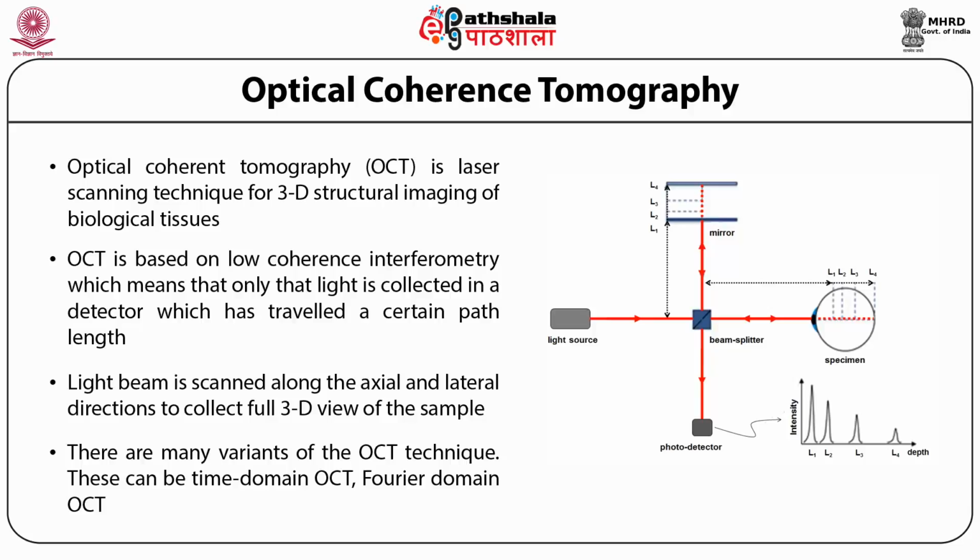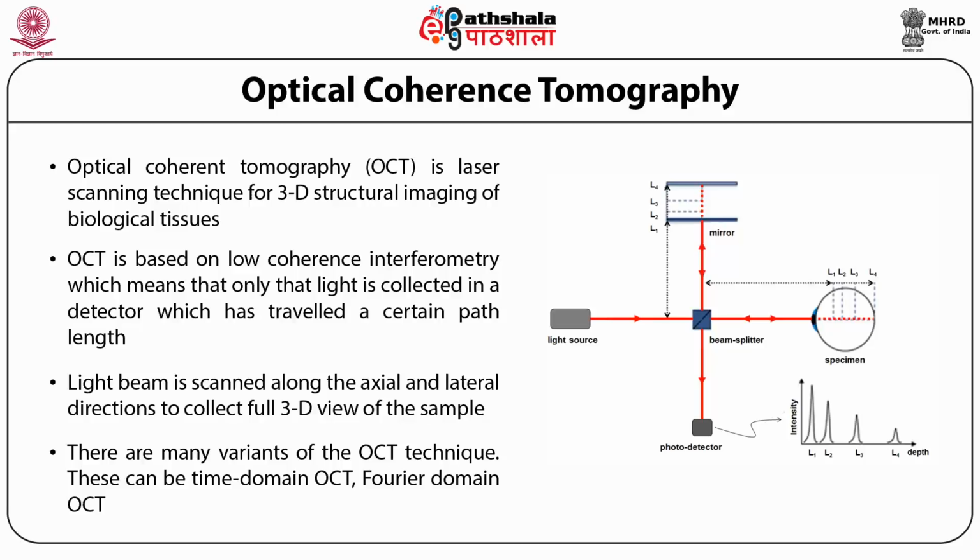So here the graph at the bottom shows, for different depths in the sample, different intensity by scanning the mirror such that the two path lengths for the two lights are matched and you get maximum intensity at the detector. For different depths, you achieve maximum intensity for different scanning lengths of the scanning mirror.